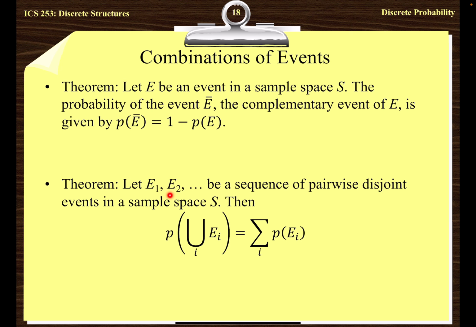So none of the outcomes in Ei is in Ej, and vice versa. Then what can we say about the probability of the union? Well, it's the summation of the probabilities of each event, okay? And this is what we will be using in the following few questions.